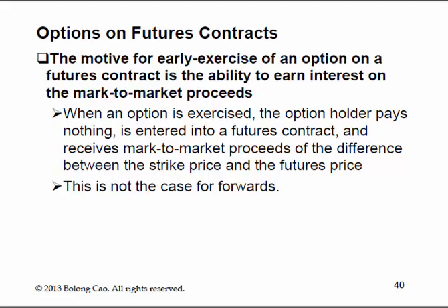You exercise your call option, pay nothing because the futures contract itself costs nothing, but you get the proceeds of that difference between the current futures price and the strike price, and that can earn interest income.